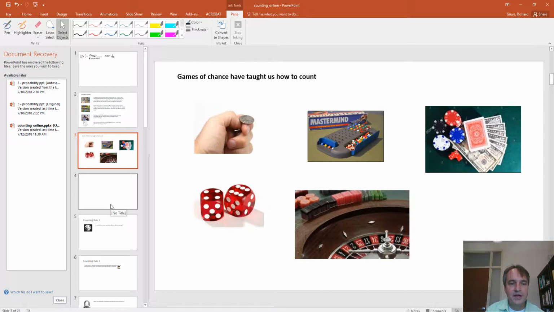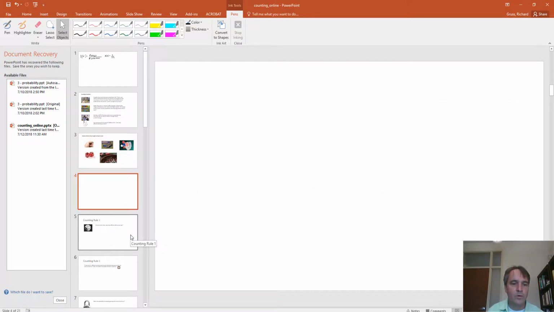These rules sometimes come from games. Games of chance have taught us a lot about probability and about counting rules. In some cases I'll be referring to games like this, but you should know that these are just toy problems that help to clarify how it works in the real world.